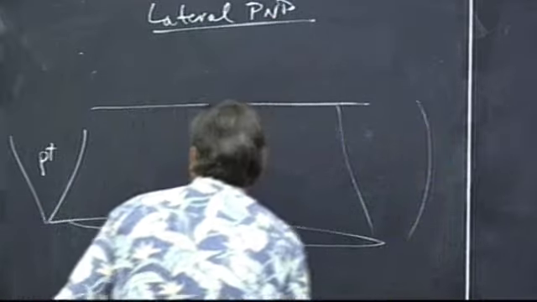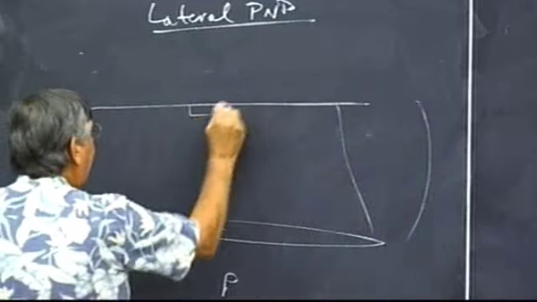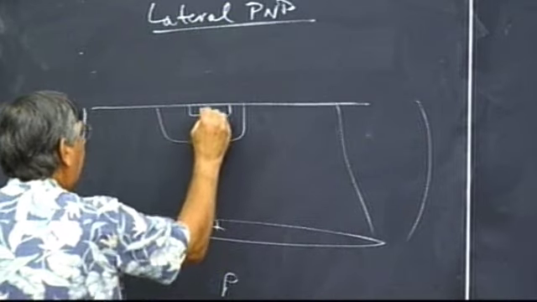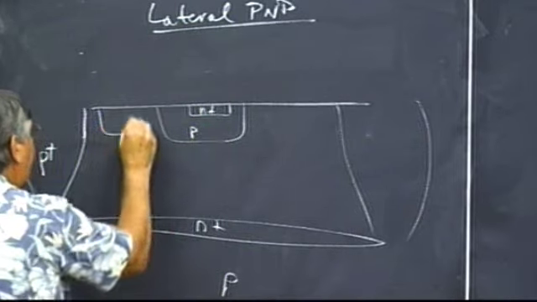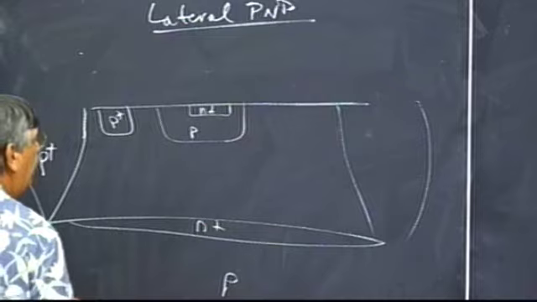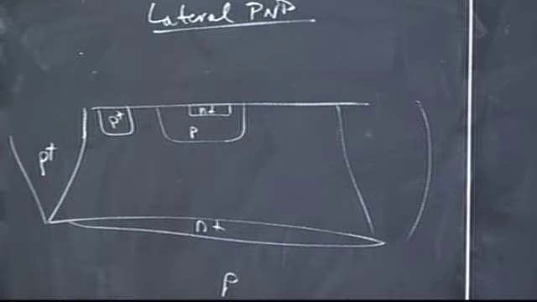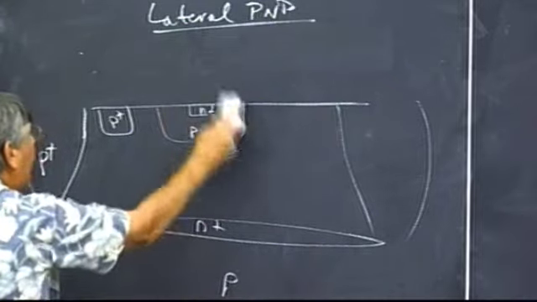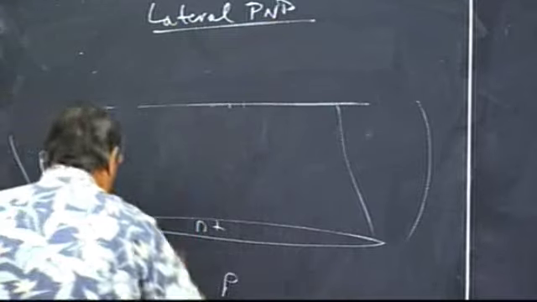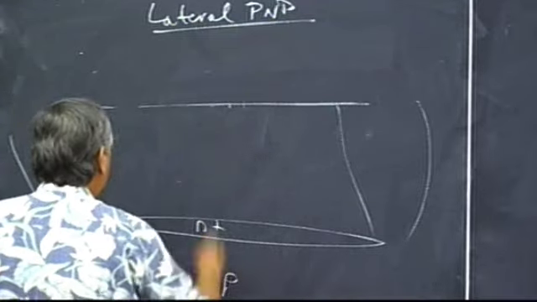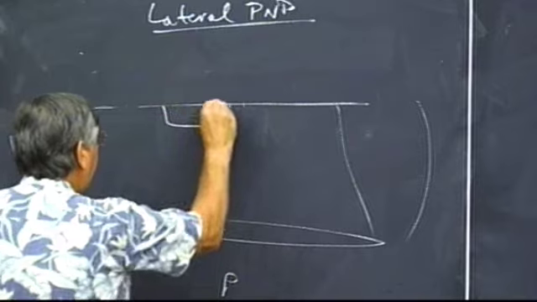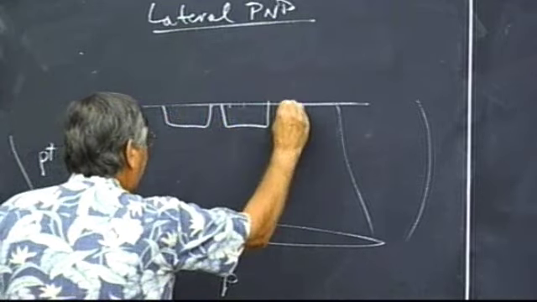We're isolated over here. And instead of putting in an N plus inside a P and then having a P plus region over here for our contact, which is what we had in the standard process, to form a lateral PNP we're going to take some of these P-type regions and put, say, 3 of them in here.